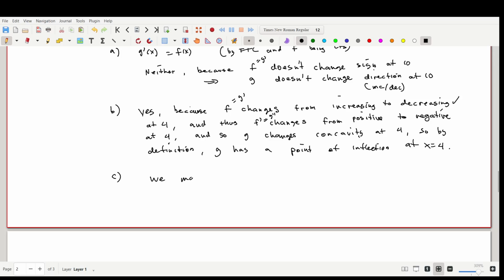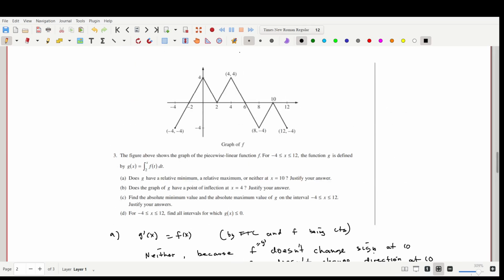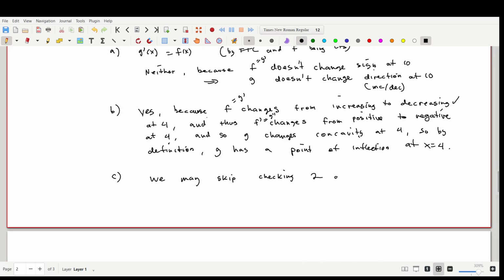So you can actually say that we may skip checking, what was it? 2 and 10, because they are not local extrema.